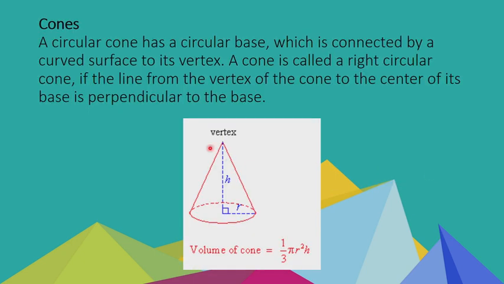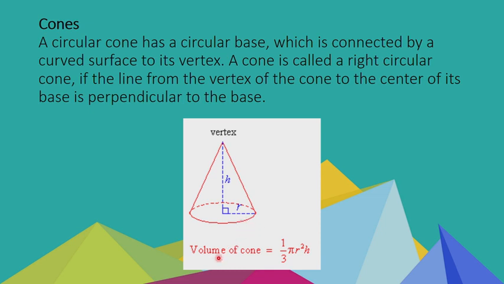Next, cones. A circular cone has a circular base which is connected by a curved surface to its vertex. A cone is called a right circular cone if the line from the vertex of the cone to the center of its base is perpendicular to the base. So if you watch here, the height is perpendicular to the base.